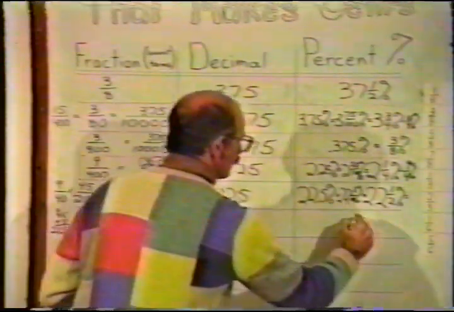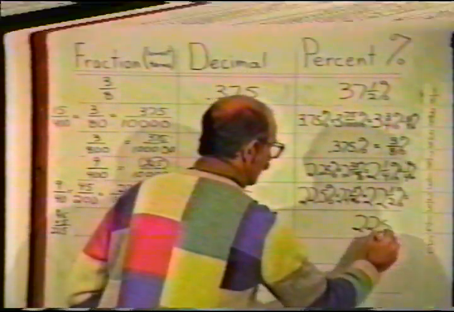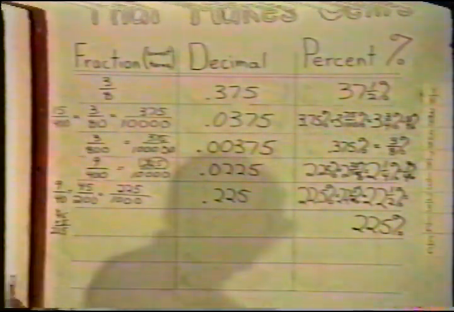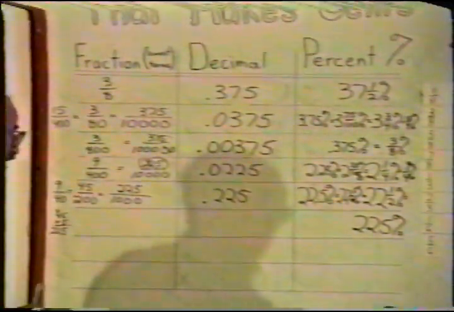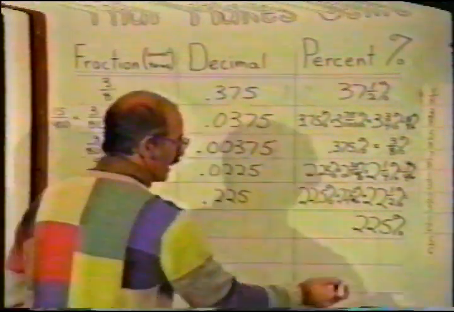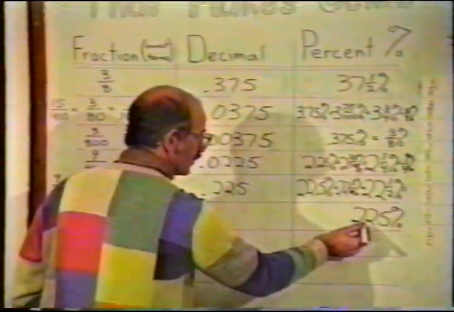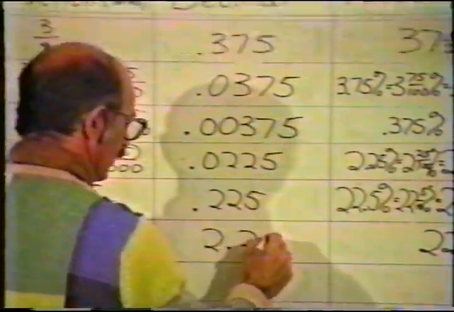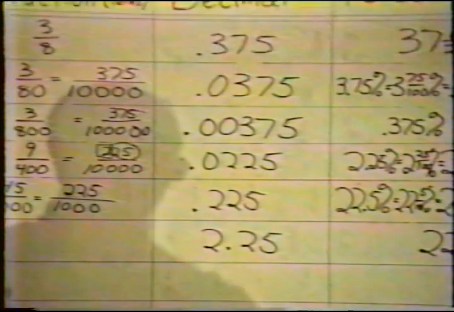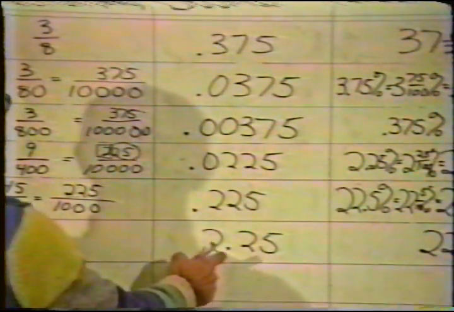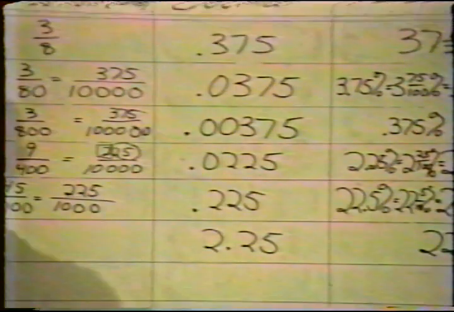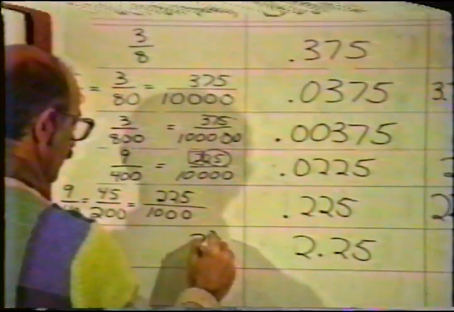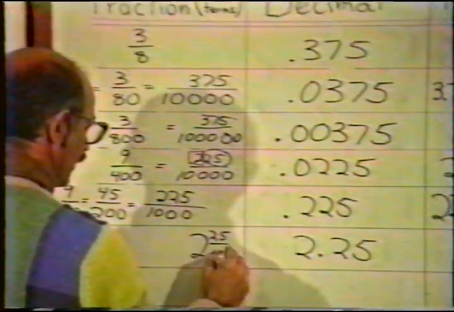How about 225%? That's more than 100%. Well, let's move the decimal point back 2 places, and we get 2.25. Read me that number. 2 and 25 hundredths.